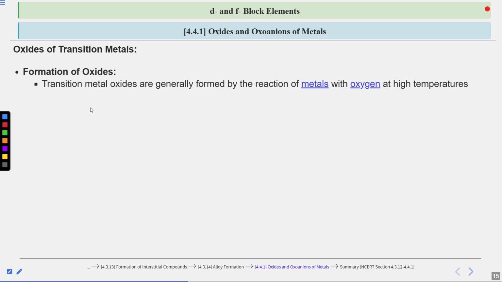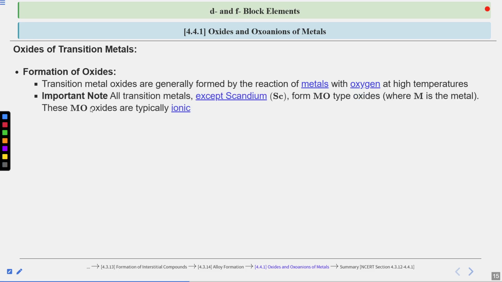The important note is that all the transition metals except scandium form MO type oxides, where M is metal and O is oxygen, and these MO oxides are typically ionic in nature.